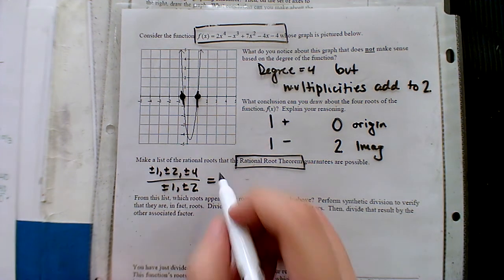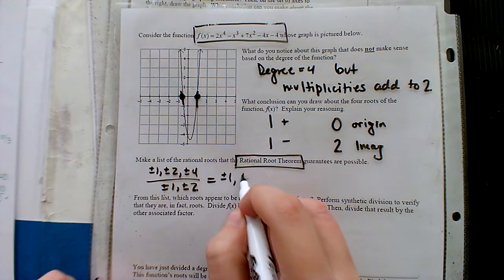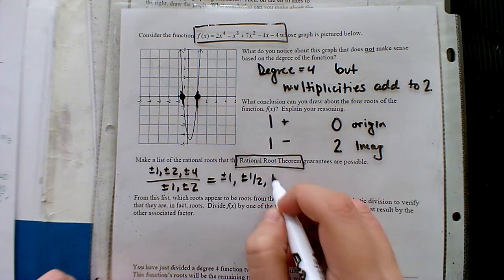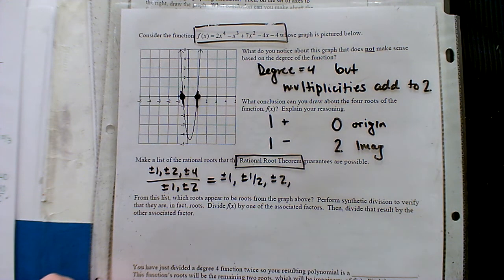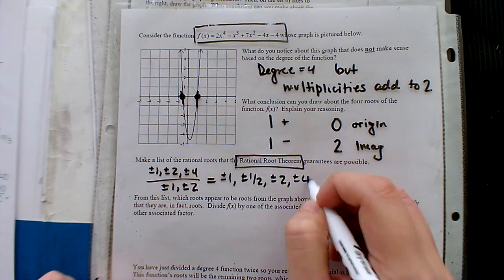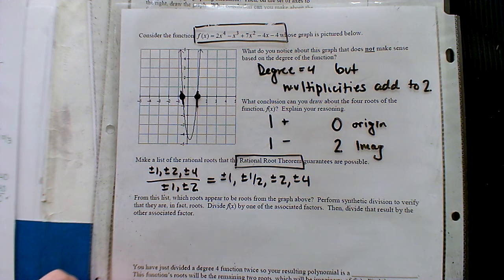Alright, let's list out all of our possibilities. Plus or minus 1, plus or minus 1/2, plus or minus 2, plus or minus 1's already listed, plus or minus 4, plus or minus 2 is already listed. Alright, so we have 8 possibilities.